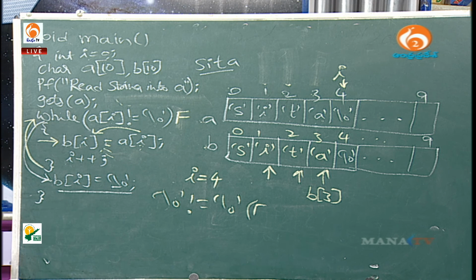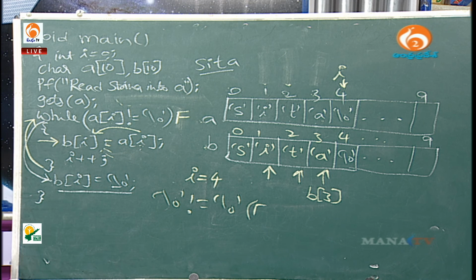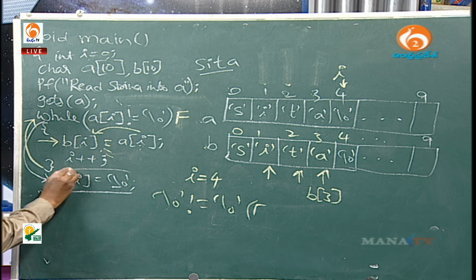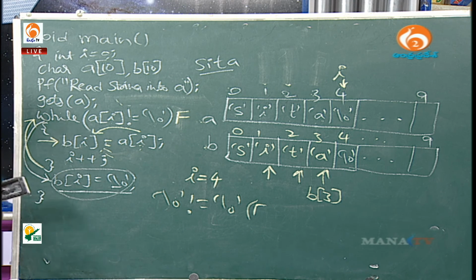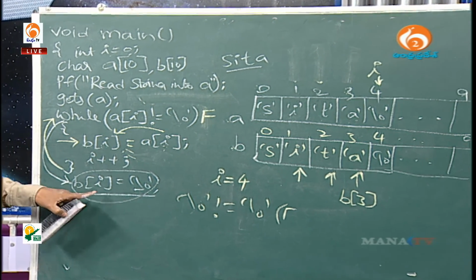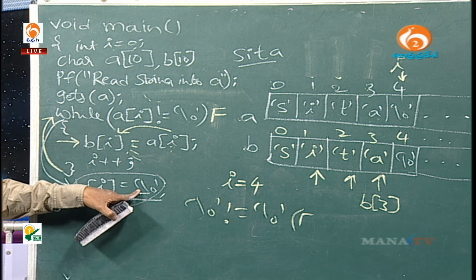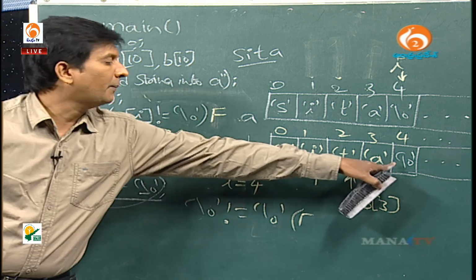Okay, I have one doubt here. Why should we write the backslash 0? If I omit this, we will get output like this: Sita followed by a garbage value, Sita undefined. So, to avoid the undefined output, we write B of I equal to backslash 0, because a string contains backslash 0.